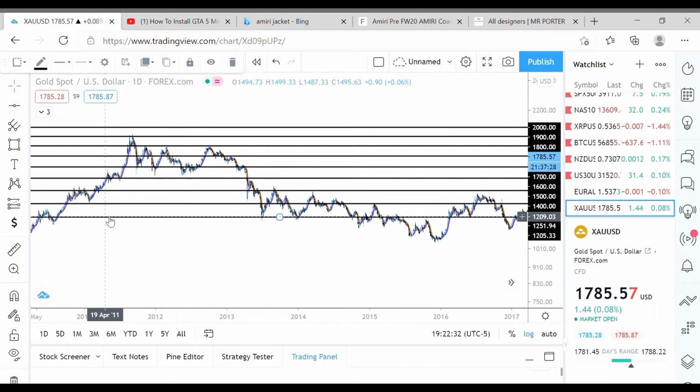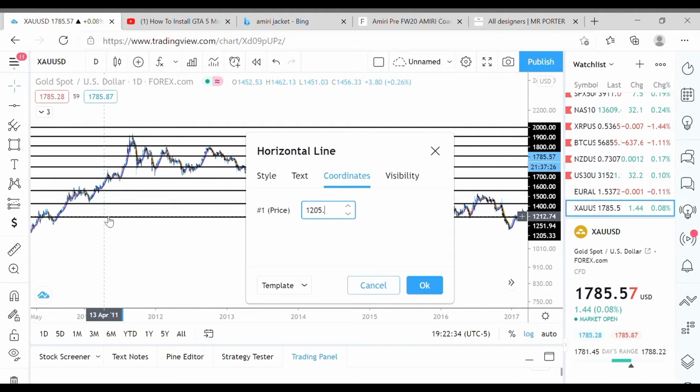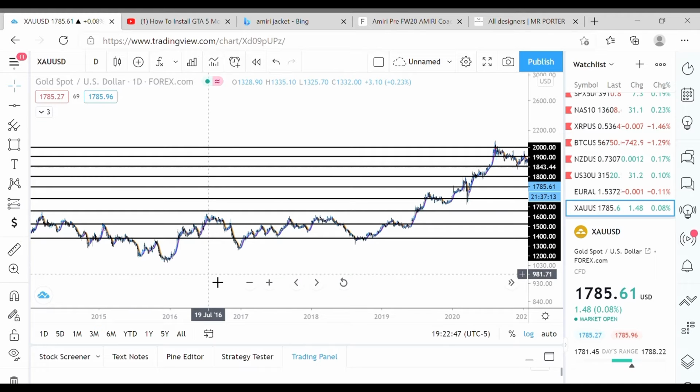In my opinion, I think this works best with swing trading, day trading, scalping, and intraday.